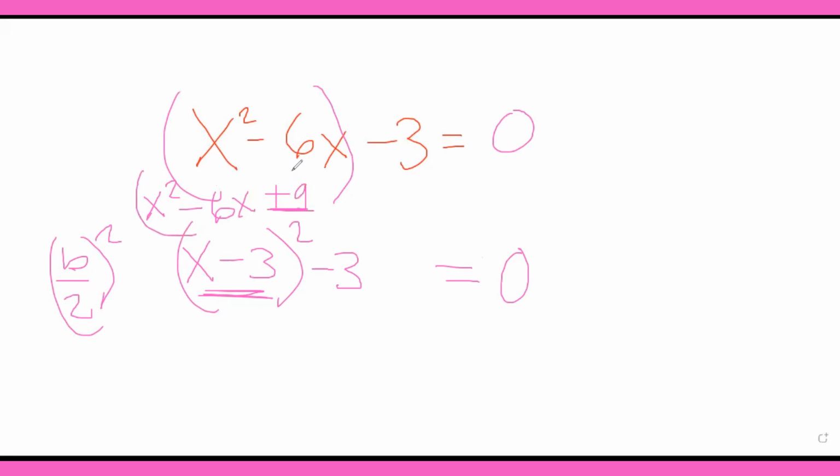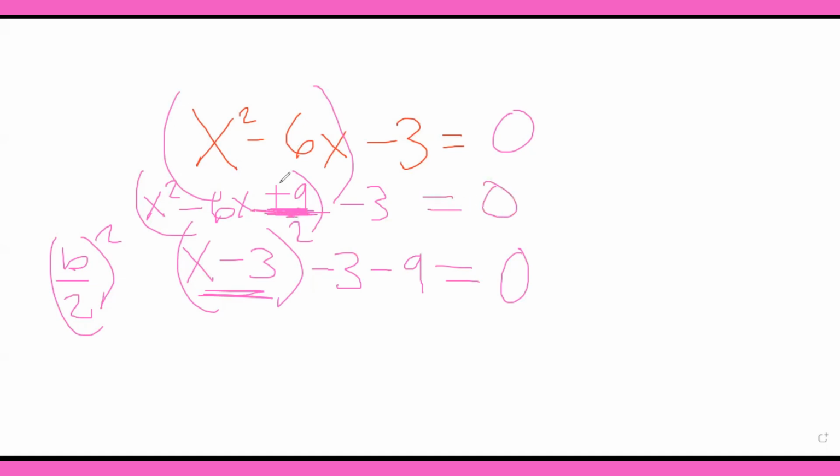So you can see here, if I keep it on the same side, I don't want to add 9 because that would be like adding 9 to this left-hand side. So if I add 9 on this side and want to counteract it on this same side, I'm going to subtract 9. So you can see here in the blank, we've added 9.